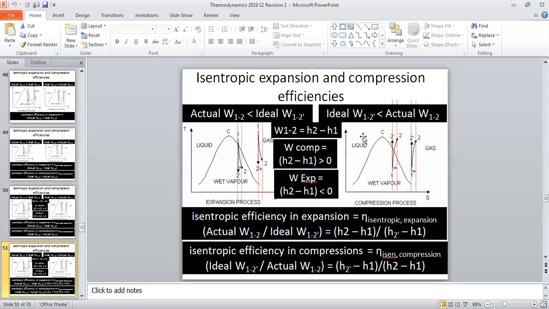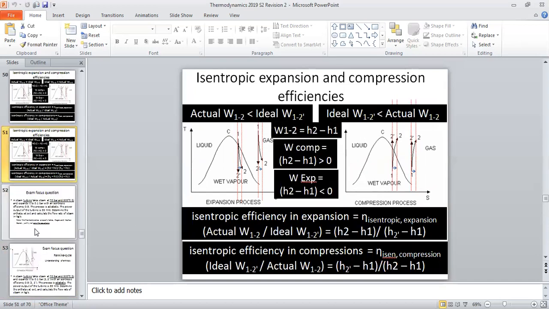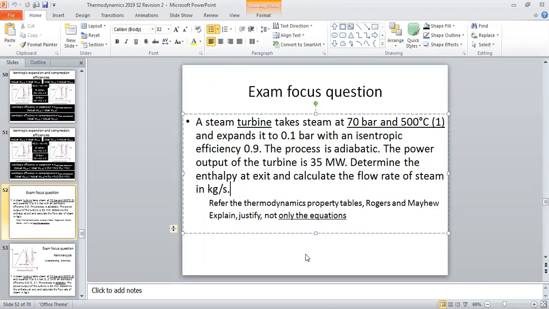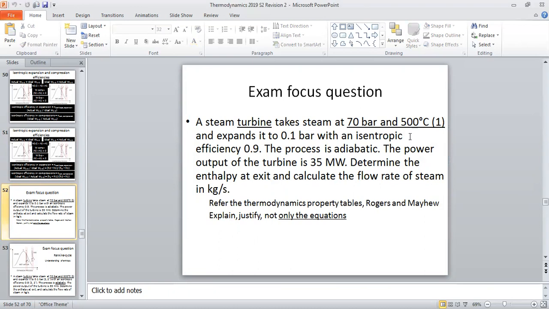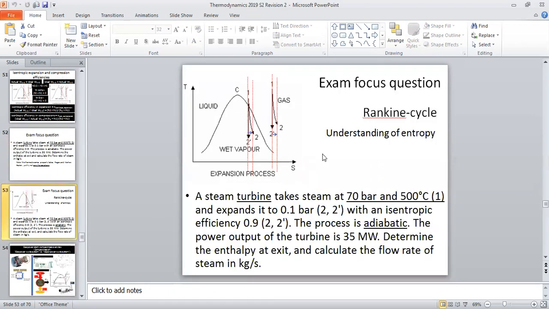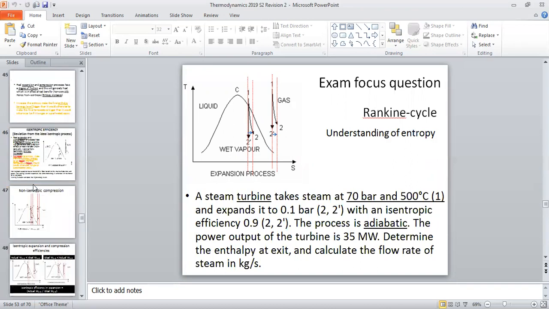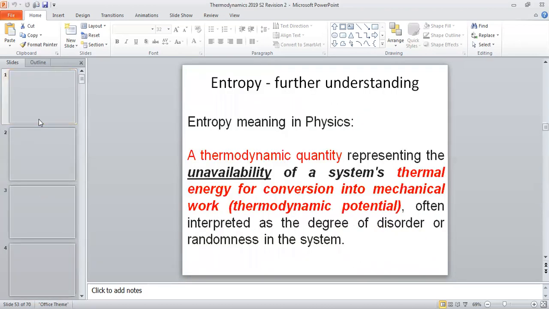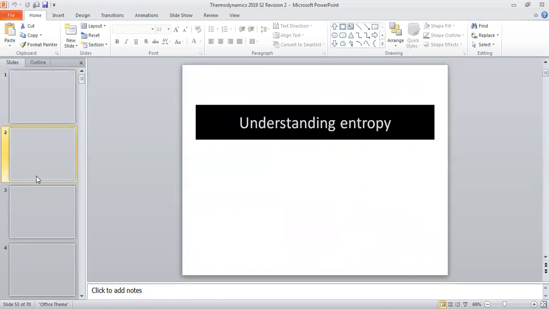So you have to follow this video very well, and the exam focus question is there. So here in revision 2, you have a minimum of 2 questions. We are talking about entropy because the core objective is understanding entropy.